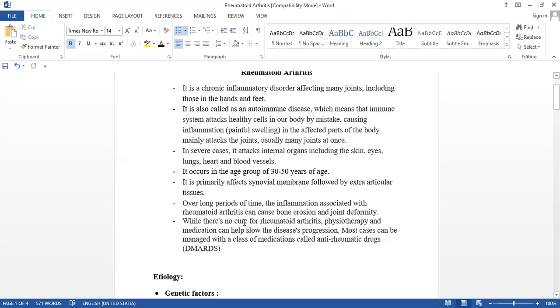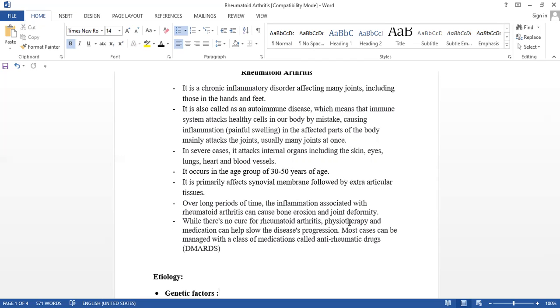Are you getting? There is no cure for rheumatoid arthritis, but physiotherapy and medication can help to slow the disease progression. Slow the disease progression with the help of physiotherapy, that is the exercise. You know this one, isn't it? Nowadays, this is the main physiotherapy. Directly no medication but exercise. Physiotherapists are there.